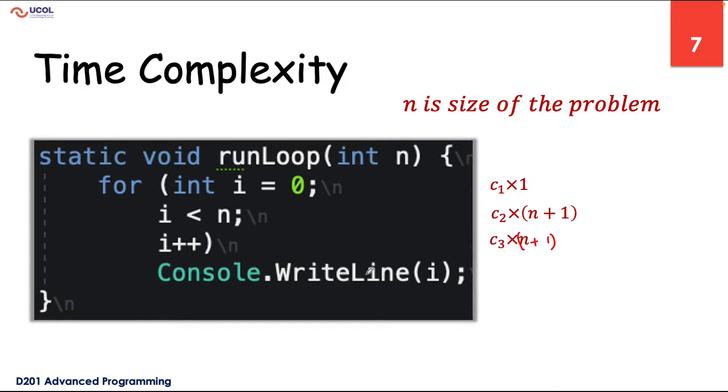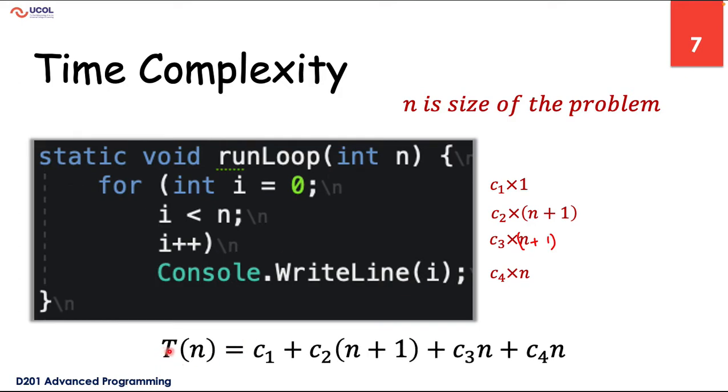And this particular specific line, which is the last line where we are printing that particular specific value of I, it will take n times. So now if we want to find an equation which gives us the execution time of this particular specific algorithm, then we can write something like this: T(n) is the time of execution based on n, the size of the problem.